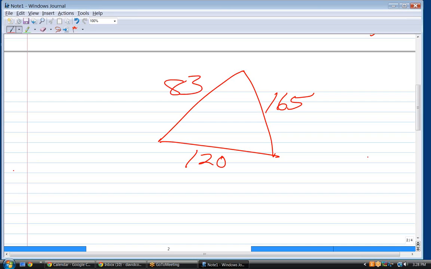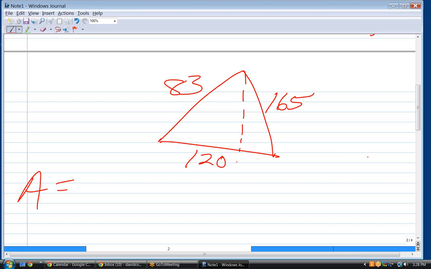Now, you've been taught the area of a triangle being what? Well, I know the area of a triangle is 1/2 the base times the height, but that doesn't work here because we don't know this vertical height.